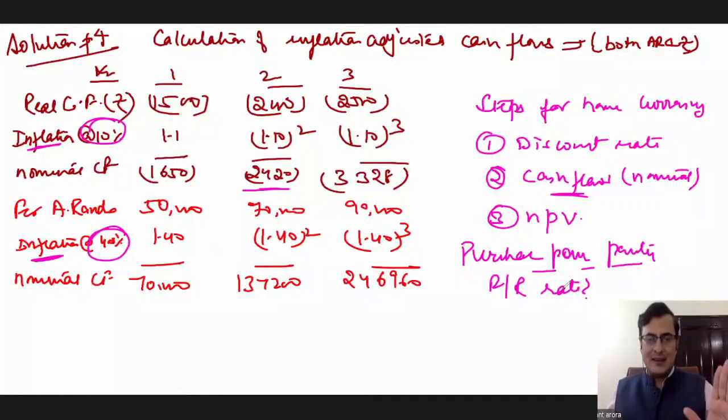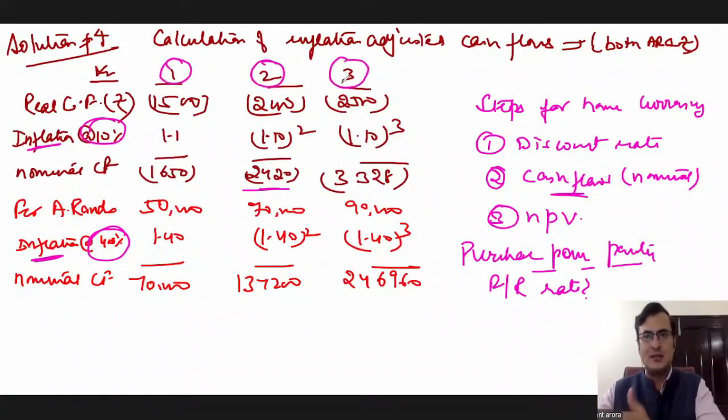In this, the very step, if you have made the notes, or if you want to go back to the video again at 7:05 or 7:10 p.m., you will see I calculate the exchange rate using purchasing power parity, which is the forward rates. Forward rates will be incorporated with the cash flows which are coming in the next 2-3 years, and then we can see if doing business is good or not, whether NPV comes out to be positive or negative. In my example, NPV was coming out to be negative. Here we have to see.